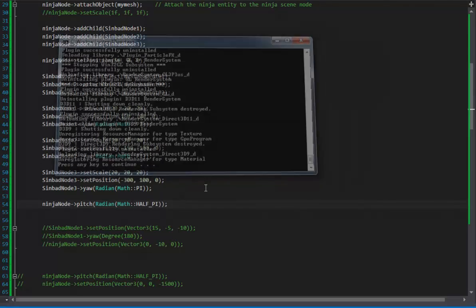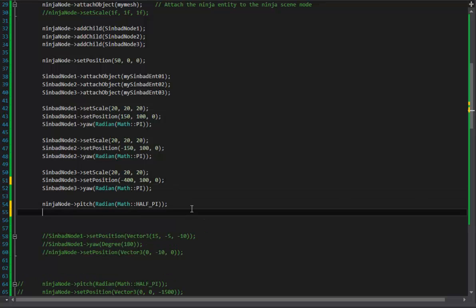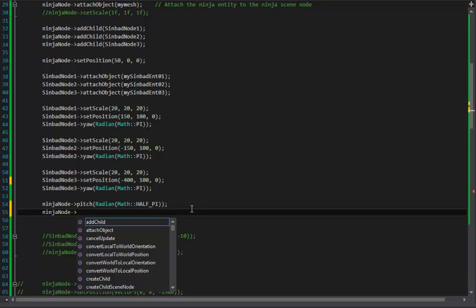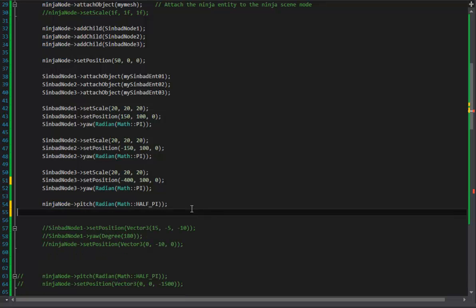So we are going to go ahead and make the Sinbad node 2 go 400 units to the left, and then make the Ninja node set position. Actually, I already have a set position for Ninja node up here.